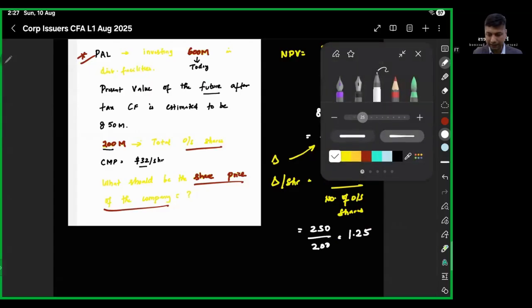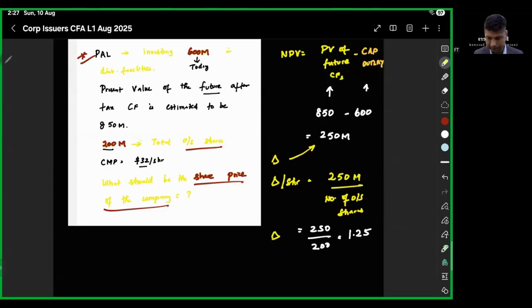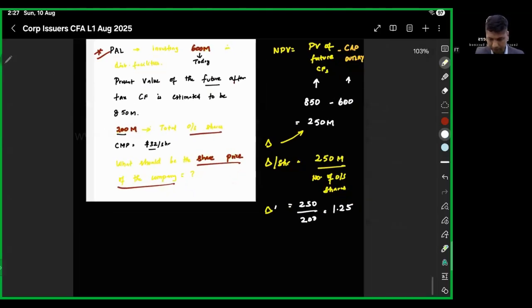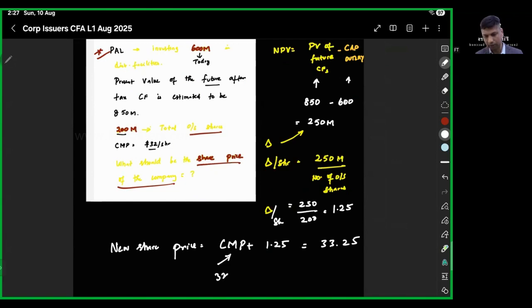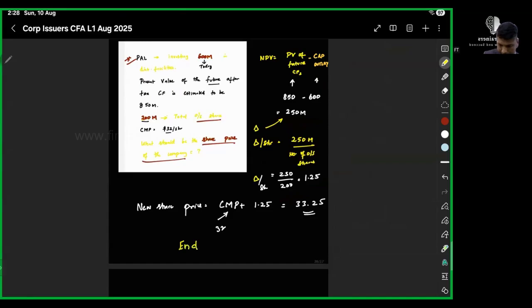So this is the increase, okay? Not the price itself. So we will have to add this to the current market price. So new share price is current market price plus the change in the share price. This will be 33.25. This is 32 plus 1.25. So the new price is 33.25. This is a wrap on this learning module.